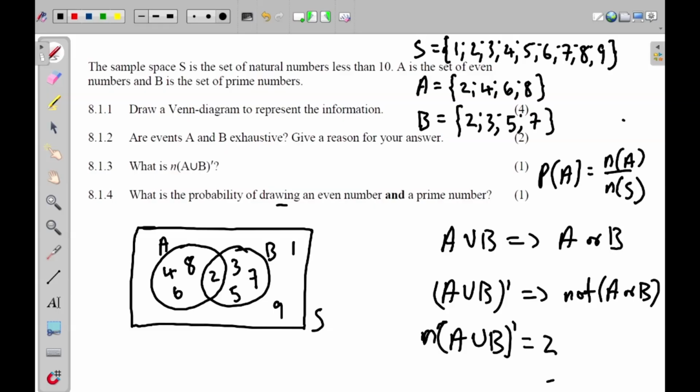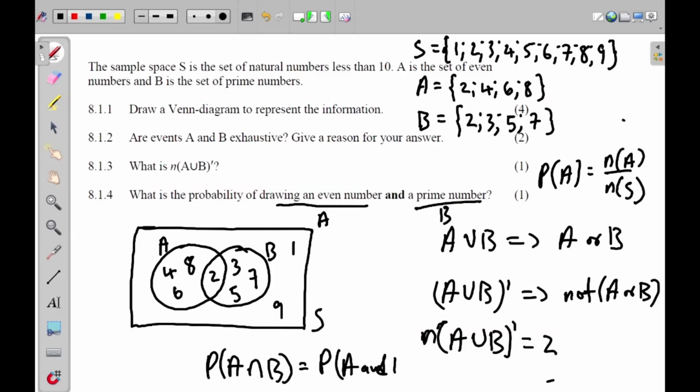Remember, drawing an even number in itself is the event A. And drawing a prime number in itself is the event B. So they are essentially checking, do you understand that we are asking for the probability of the intersection of A and B? Or if you like, you may say probability of A and B. That's what they're saying. Do you notice that?